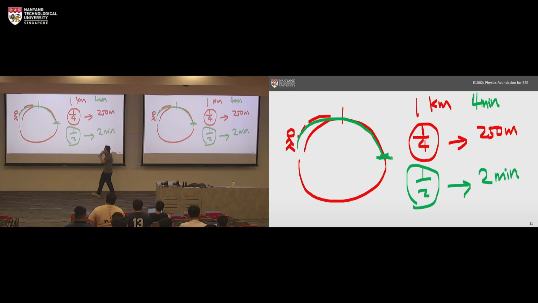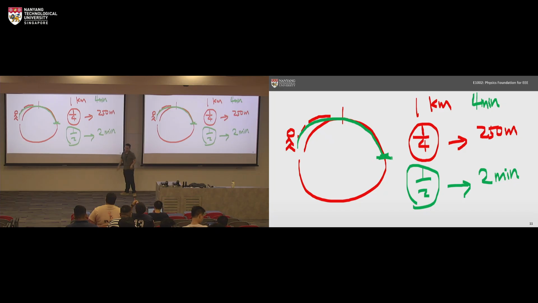And you know that according to your velocity, to complete one cycle you need 4 minutes. So if I already know this information, then as long as you tell me your phase, if your phase is 1/4, then I can know the distance you have already run. I can also tell the time that you have already spent.